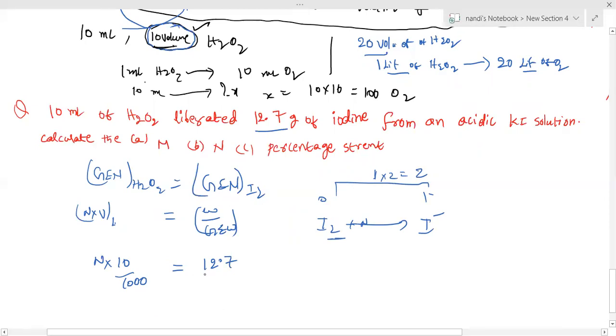So this is 12.7. Iodine atomic mass is 127, so 2 iodine atomic mass is 254. Molecular weight is 254 by n factor 2. By solving this you will get 10 power, how much?